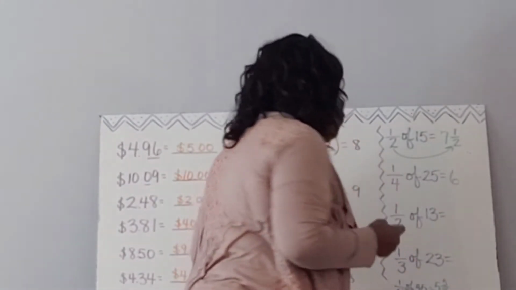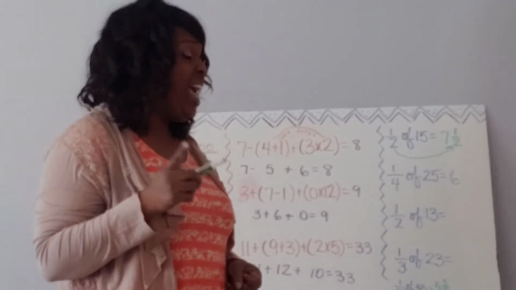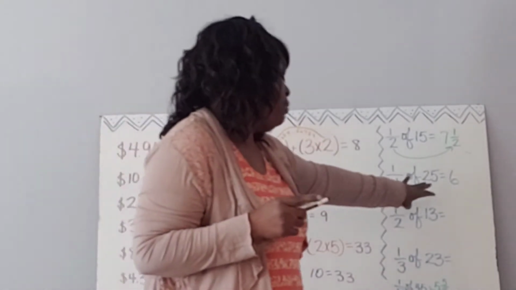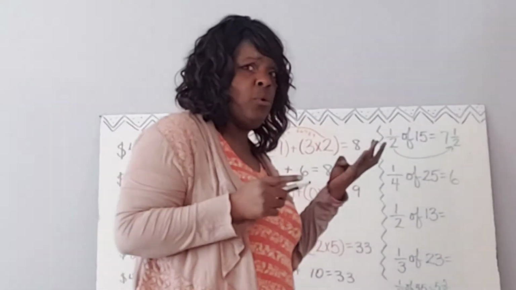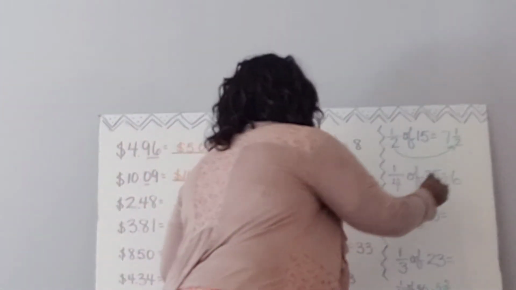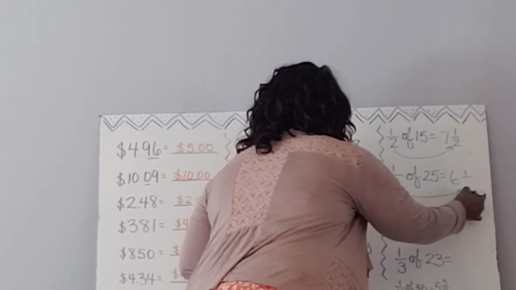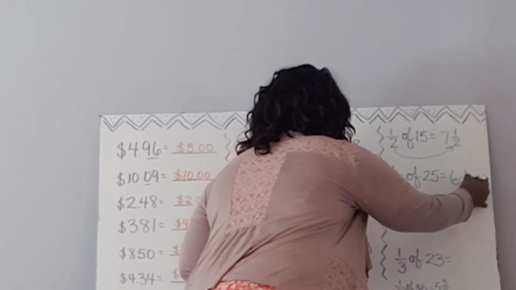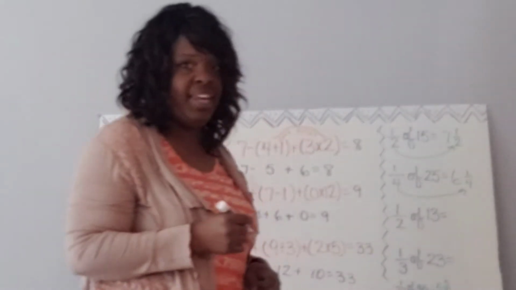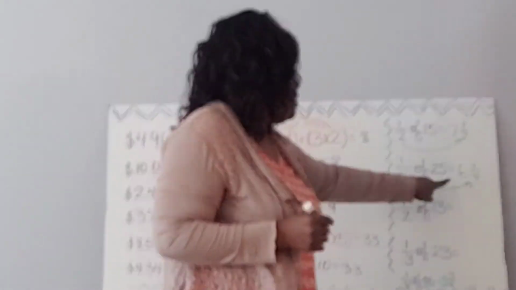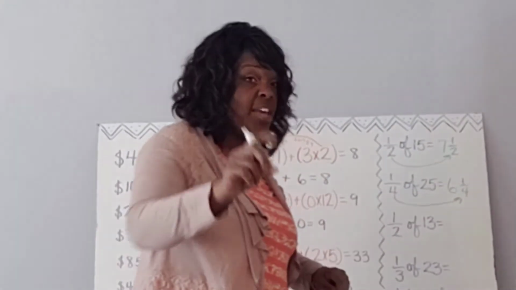That's not going over the 25. Then we have to subtract 25 minus 24, 1, and then our denominator stays the same. It's 4, because that's what we're figuring out, how many fourths it is, okay? So 6 and 1/4.